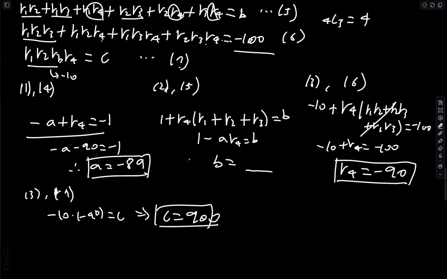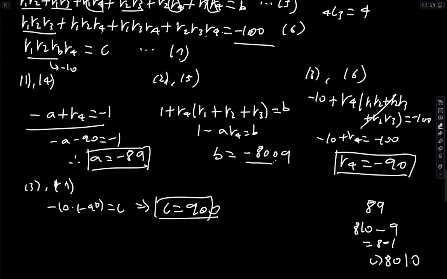So a is negative 89. So it's simple. We get 810 minus 9 equals, so I think this is what we get for b. I believe b is equal to negative 8009. Is this correct? Did I make a mistake?